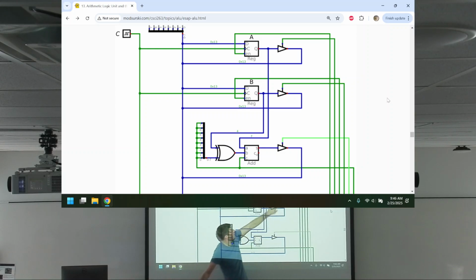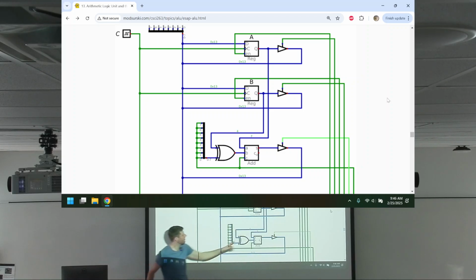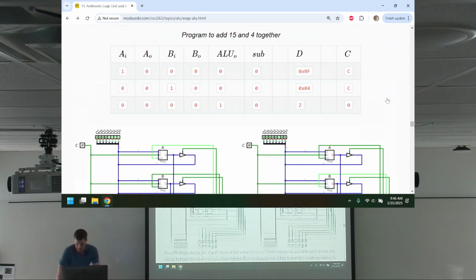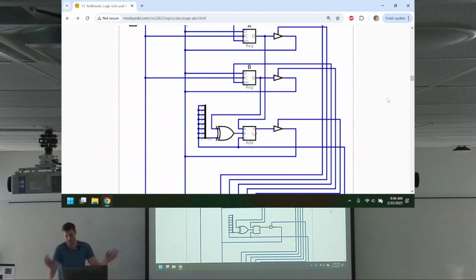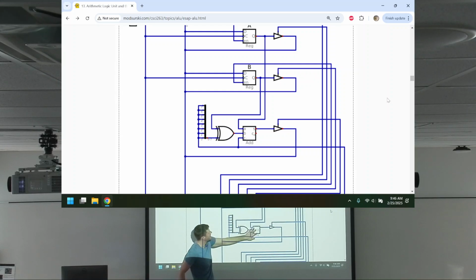In the same way here, until this is activated, nothing gets output to the bus. I realize here we could see that it is, but that's just the picture. Now we don't need to be worried about what data is on there. So there's a 15 here, and it's always being fed into here. 4 here, always being fed into here.